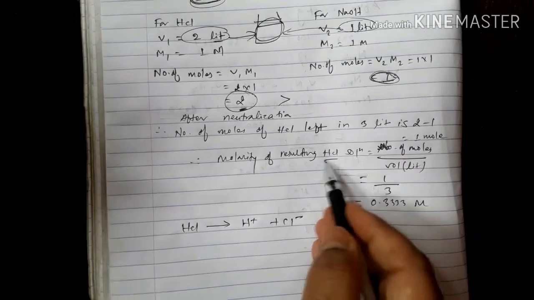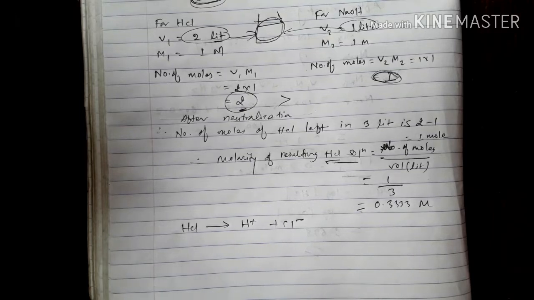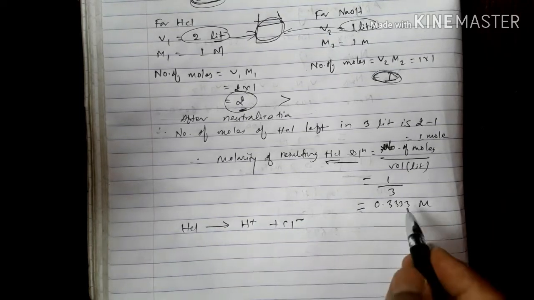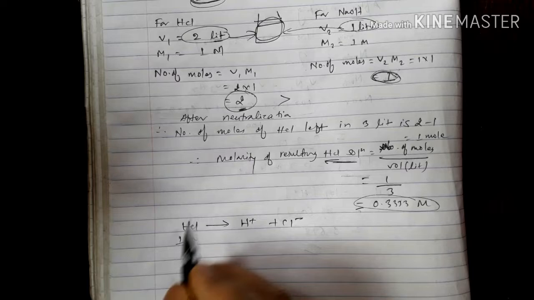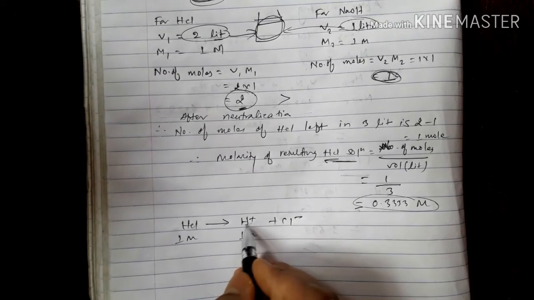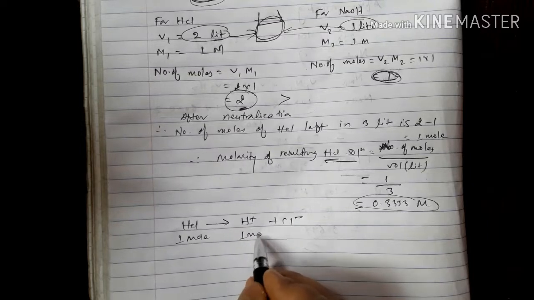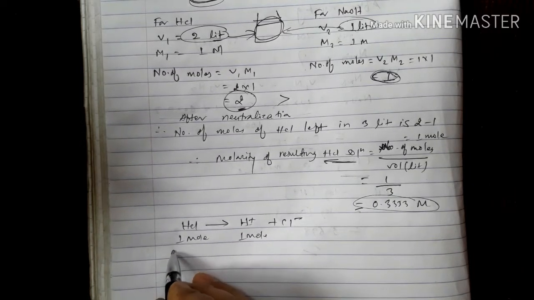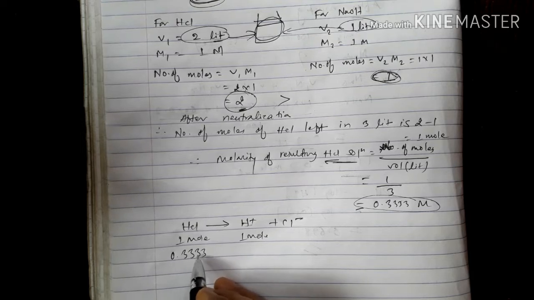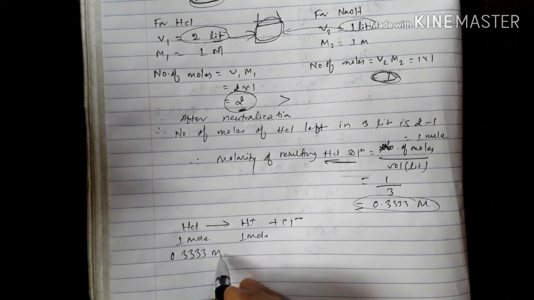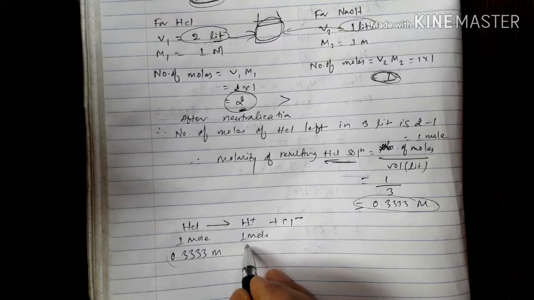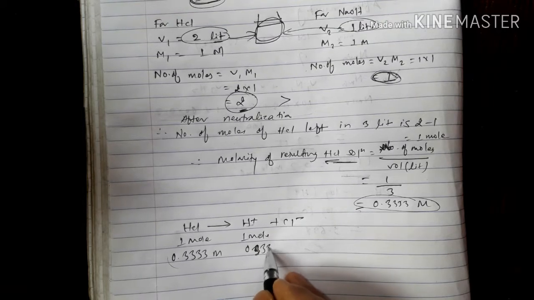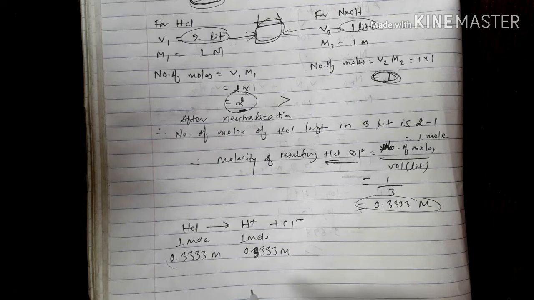The solution is now of HCl because NaOH is completely neutralized and the HCl is left there, and the concentration of HCl solution is 0.333 molar. 1 molar HCl after complete ionization gives 1 molar H plus ion. 1 mole of HCl gives 1 mole of H plus ion, but the resulting solution has 0.3333 moles of HCl per liter, and from this concentration H plus is also 0.3333 and so on molar.